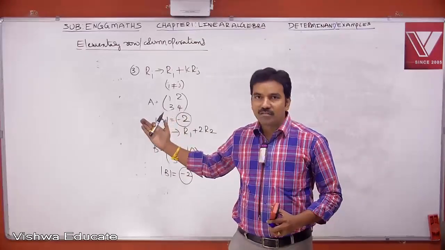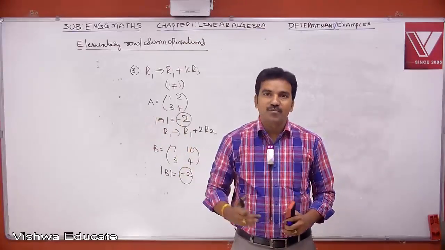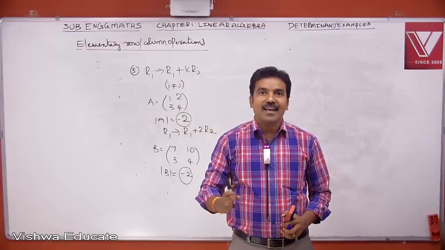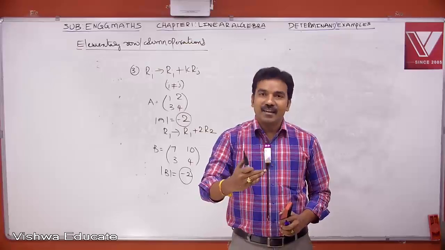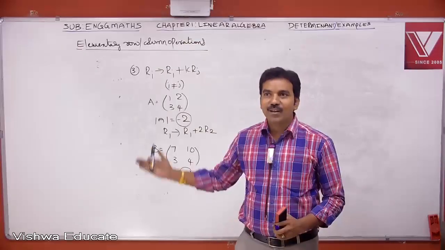This is a wonderful result. Particularly this result is very useful in making the majority of entries zeros. So once the majority of entries become 0, getting the det value is very simple. Note this example.